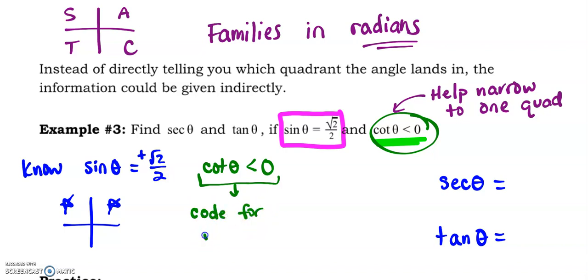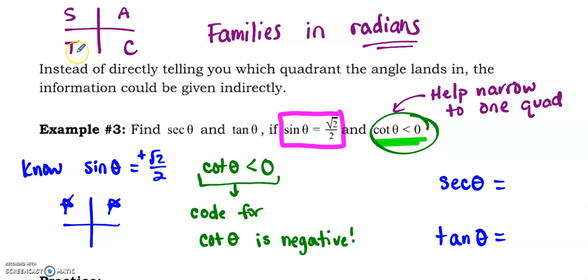Before I tell you the answer, if the cotangent is less than 0, it's smaller than 0 on a number line, so it has to be a negative number, all right? And so the question is, where can the cotangent be negative? Cotangent is negative the same place as tangent, okay? So that is negative.